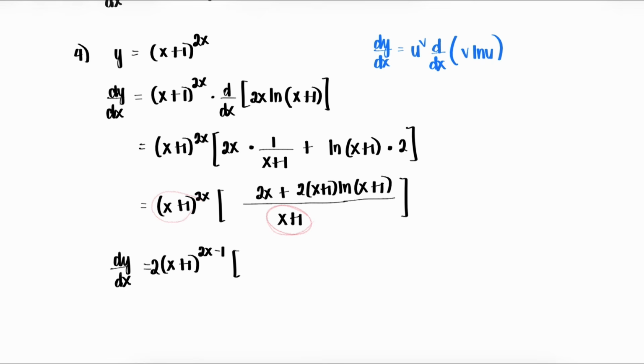Okay, so x plus 1 ln of x plus 1. And so that is our answer. So we cannot combine these right here because we're multiplying x plus 1 to ln of x plus 1. So that is just our final answer.